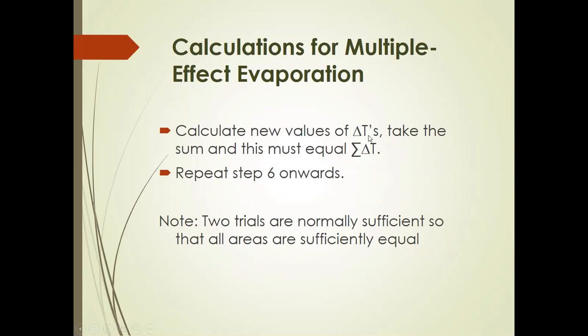So this one, the delta T prime. And then you will repeat step 6 onwards, until everything agrees. That is, the computed areas of your evaporator will no longer vary by more than 10% from the mean of those same areas.